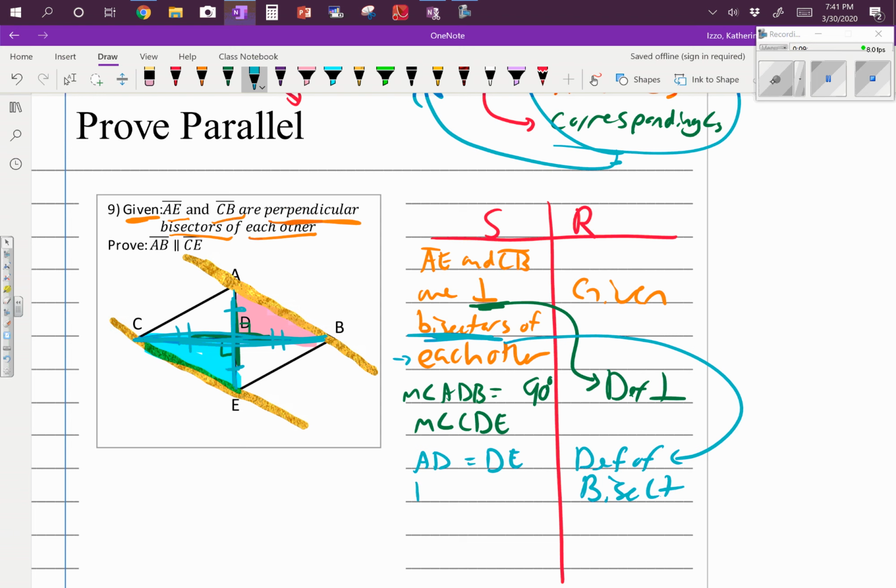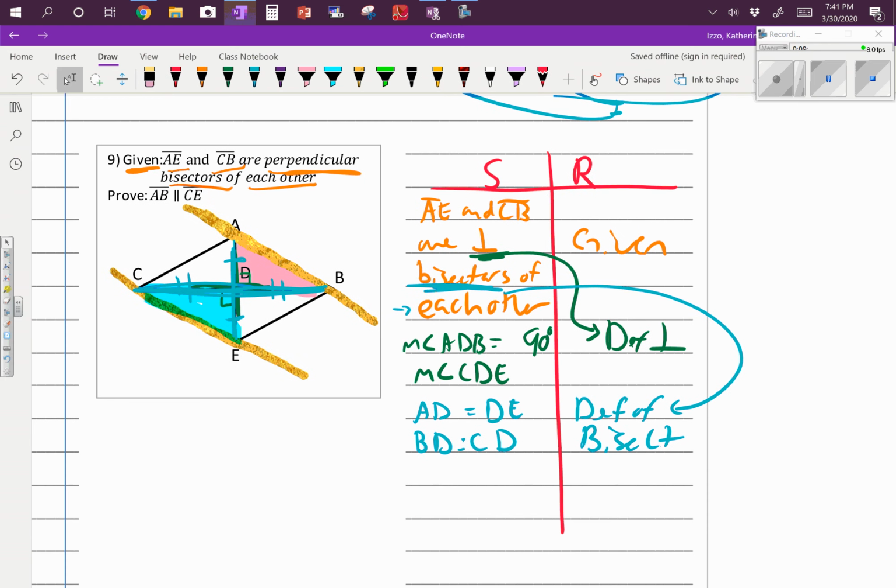So we've got BD and CD are also equal because of that bisection. Okay, we've finally gotten through that whole given. There were two different vocabulary terms, plus it was done to each other. So that's a lot of information.